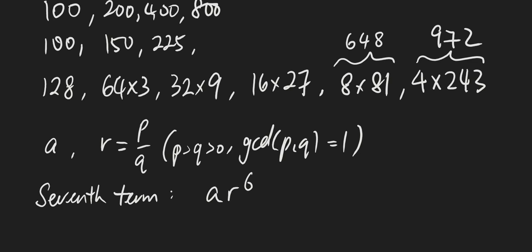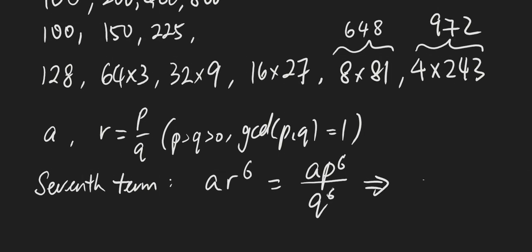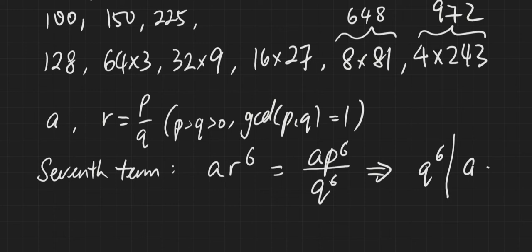So if that's the case, we have a p to the 6 divided by q to the 6. But q and p are co-prime, so that means q to the 6 divides a. But not many numbers have a 6th power as a factor, right?